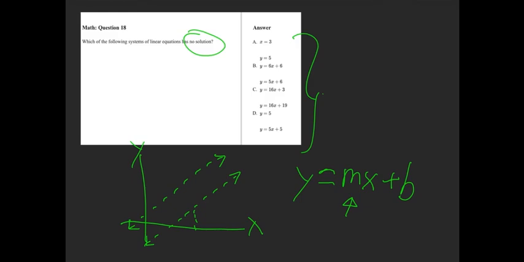B doesn't matter, as it's just the y-intercept. Looking back at the answer choices, we immediately see that C has the same slope because m equals 16. Now it doesn't matter that B is 3 and 19 because as long as the slope is the same, their steepness is going to be the same, which means they'll never touch on a graph. Therefore the answer is C.